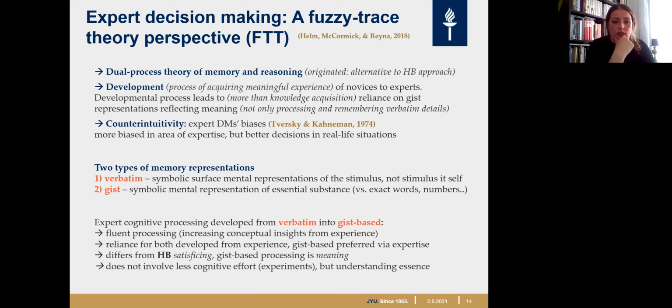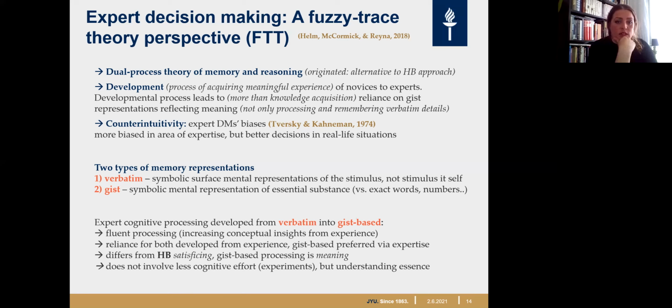Reliance on both develops from experience, with gist-based preferred via expertise. So of course, the way you rely on verbatim or gist processing also both develop from experience, but the gist-based is more preferred because it's more fluent and doesn't involve so many surface-level details to be acquired.